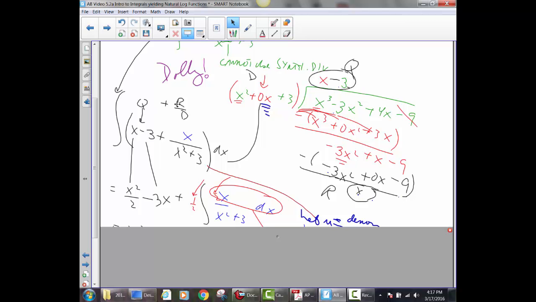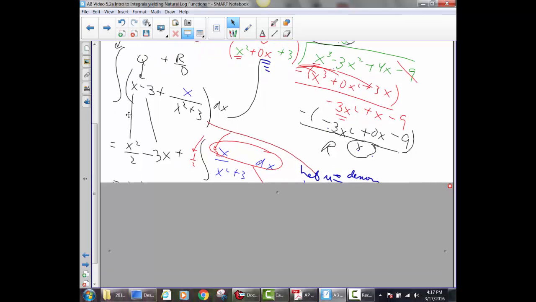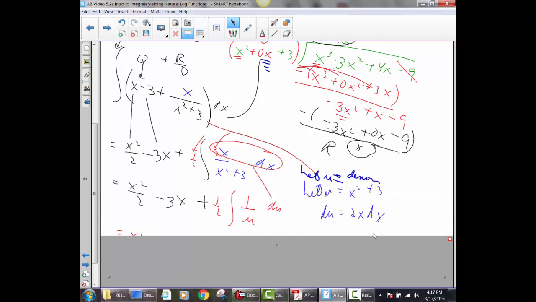So remember, it's quotient plus remainder over divisor. So our quotient is x minus 3, plus our remainder is x over our divisor, which was x squared plus 3. So integrate x, you get x squared over 2. Integrate negative 3, you get negative 3x. Now here, you're going to let u equal the denominator, which is x squared plus 3. The derivative of that is 2x dx.